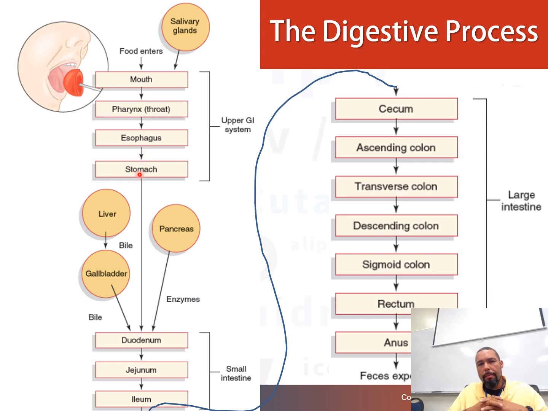Once it enters your stomach, it is going to go through the process of churning. Your stomach basically has all these different muscles that turn the food, and it churns it. The concept of the stomach is to mix everything up along with the gastric juices that are in the stomach. It starts breaking down the food.